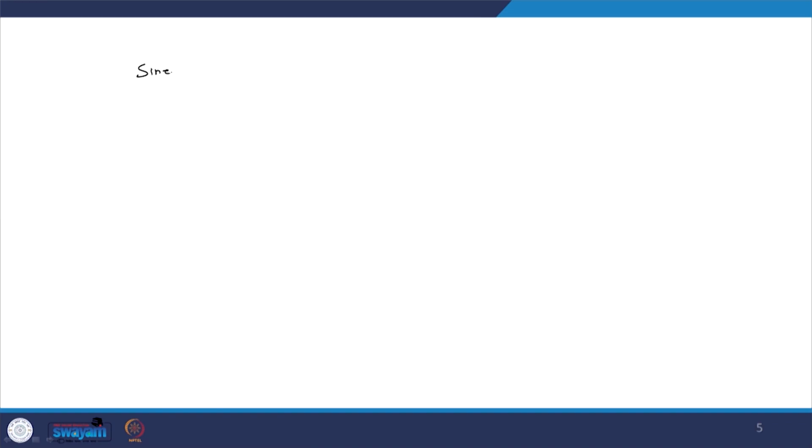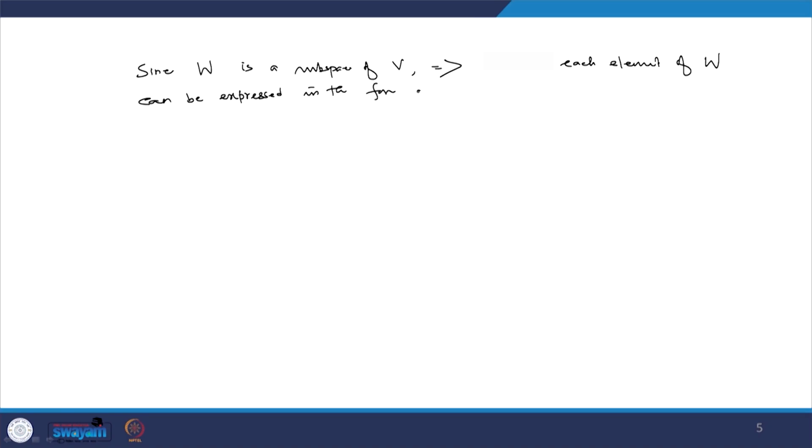Since W is a subspace of vector space V, each element of W can be expressed in the form of alpha minus gamma, please.